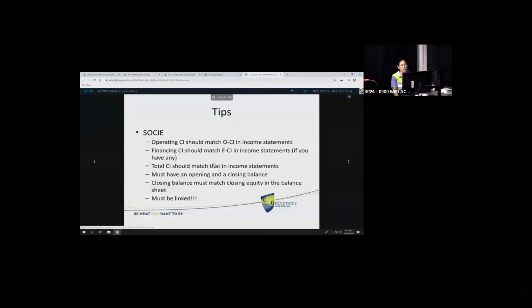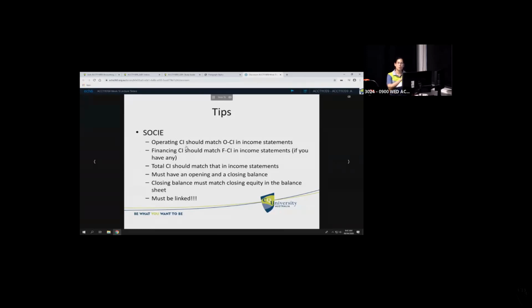Here are the tips. These are the checks. With restating your statement of changes in equity, that's what SOCIE stands for, statement of changes in equity, your operating CI, standing for comprehensive income. When you go through the video, this will make sense because I show you how to split the comprehensive income section of your statement of changes in equity.